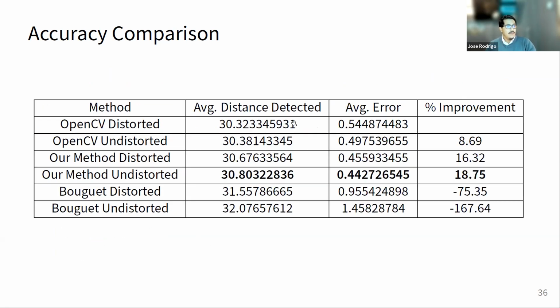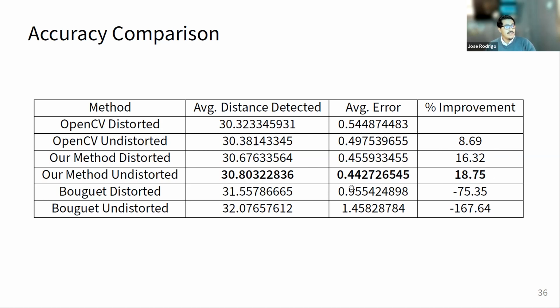Okay, we are going to use OpenCV distorted as the base to find our results. We can see here that when using OpenCV undistorted with the distortion coefficients, it gives an improvement of 8.69%, but our method still performs much better, with 16.32 and 18.75% of improvement.